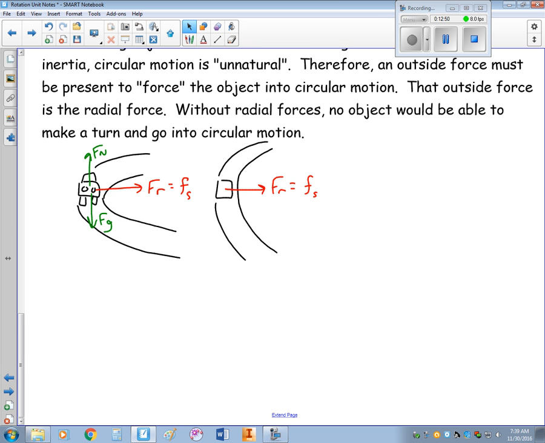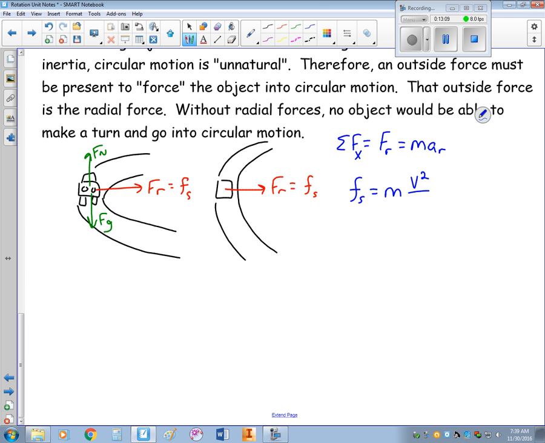So when I take a look at the sum of forces acting on this car, let's say in the x-axis, I see that there's only one, a radial force. So that equals mass times a radial acceleration. Okay, well, that radial force is being provided by static friction. V squared over r, where r is kind of like the radius of this gigantic circle.